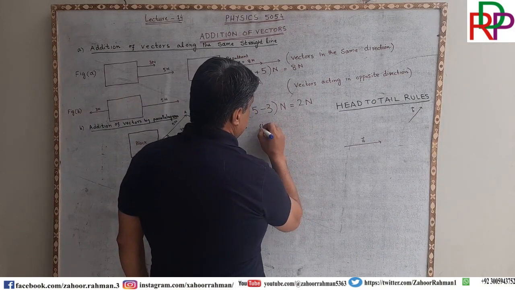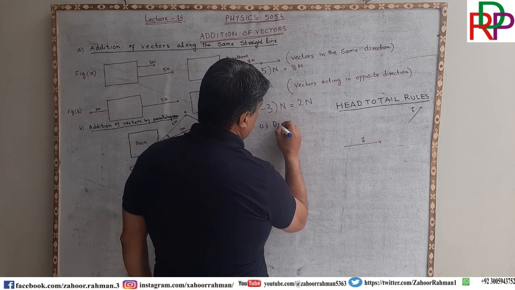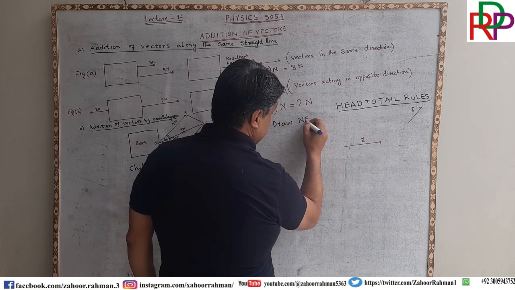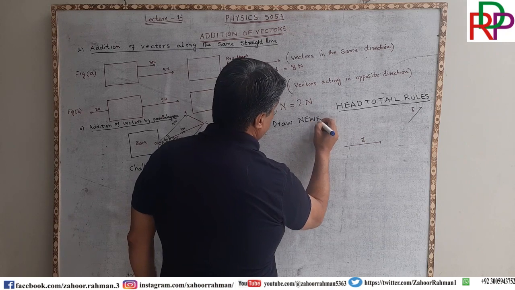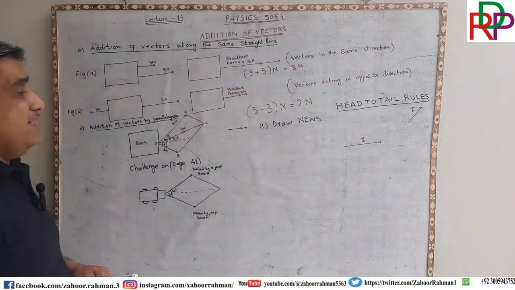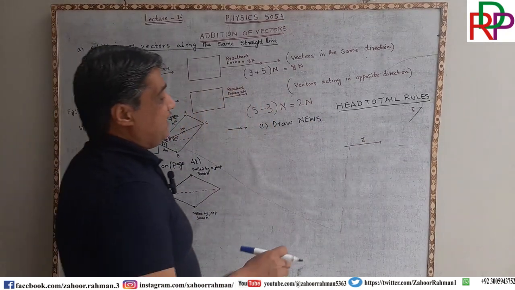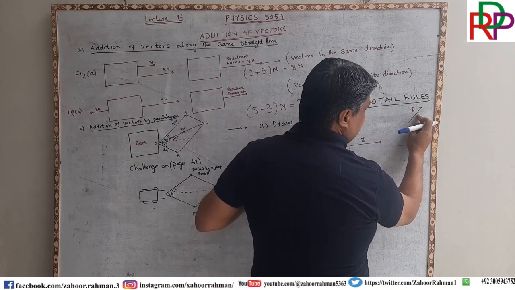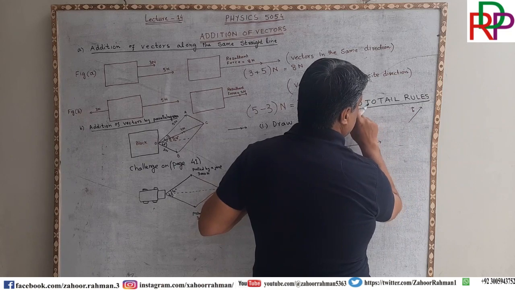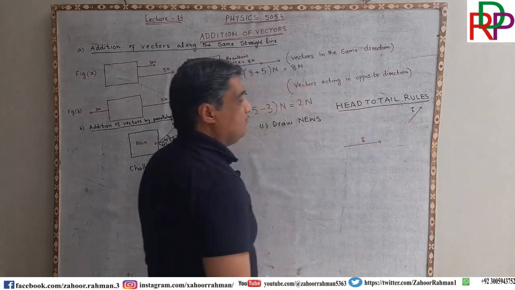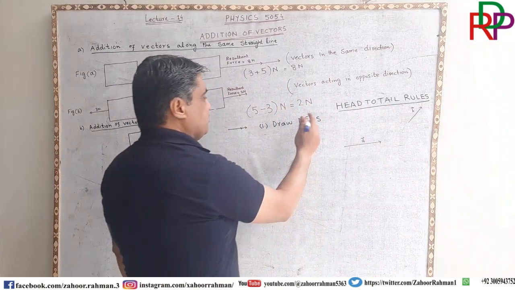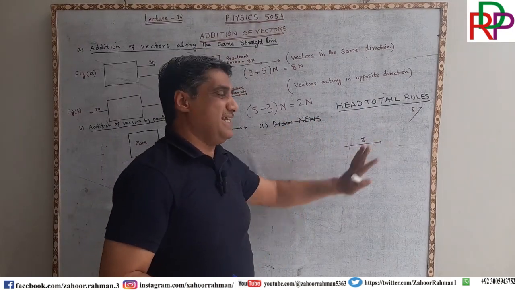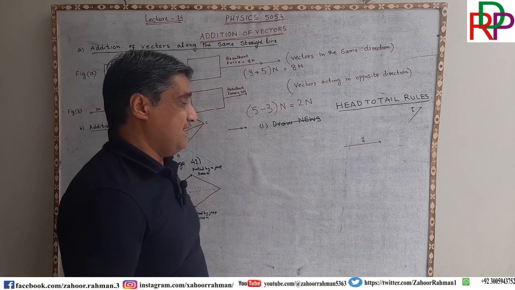So yesterday we discussed, first you have to draw the axes, and in this case as well, and then you have to bring and connect according to the head to tail rule. There is no need to draw the axes in this case, that is for representation of this.